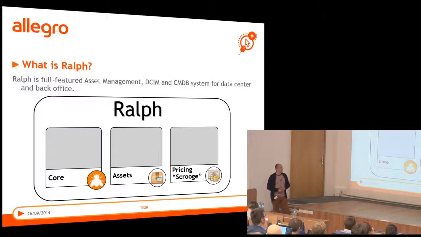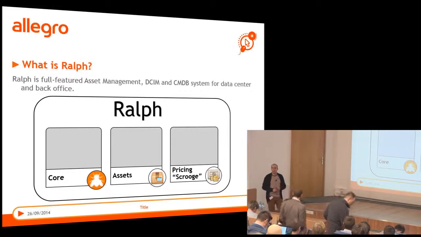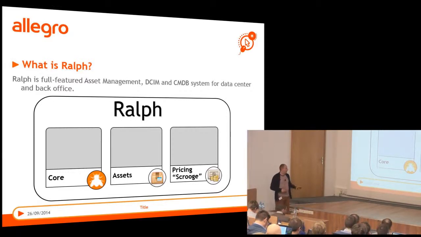Basically, RAF is now in its second version, which is divided into three modules. First is core, which is basically the database of your devices and your in-network information about networks, etc. It also provides the ability to deploy operating systems, and this is the thing which I am working on most.